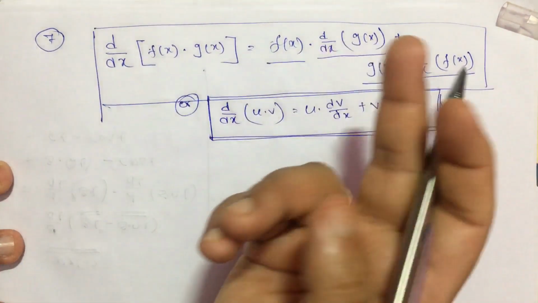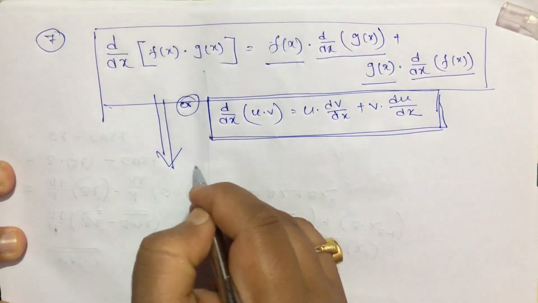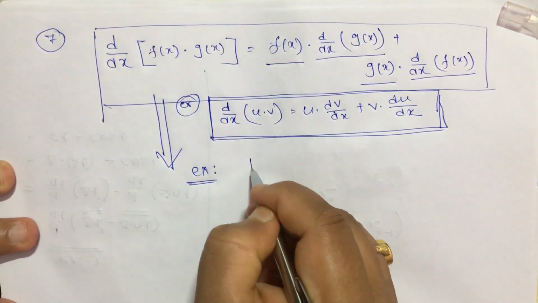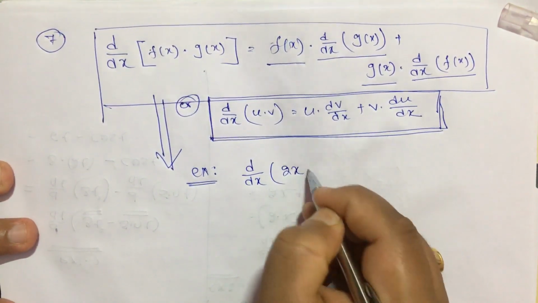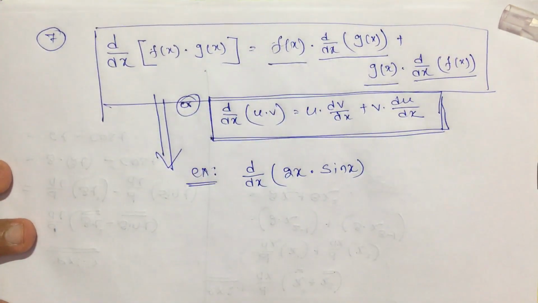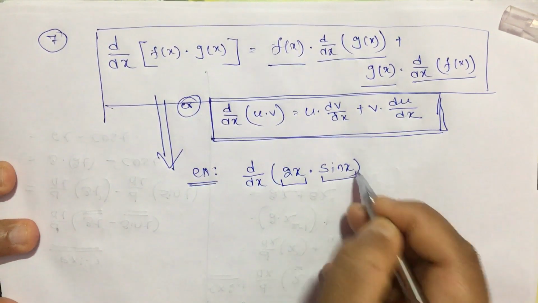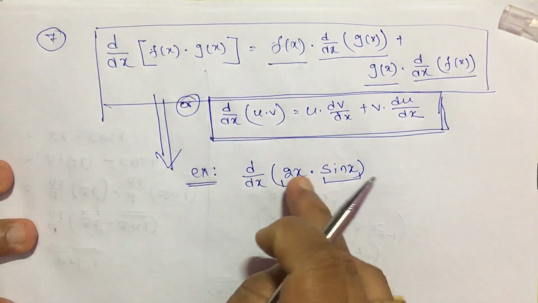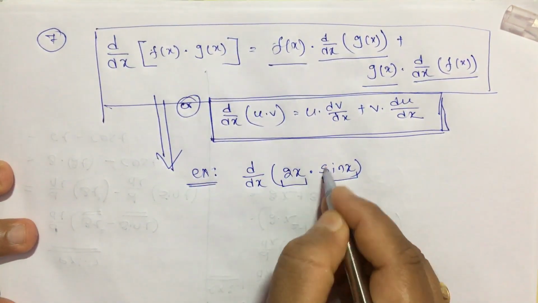Again it looks difficult, so let us take an example to understand easily. Let there be a question like this, d by dx of 2x into sin x. Now you can see this is a function of x and this is also a function of x, and they are multiplied. So in this case, I have assumed that this is fx and this is gx.